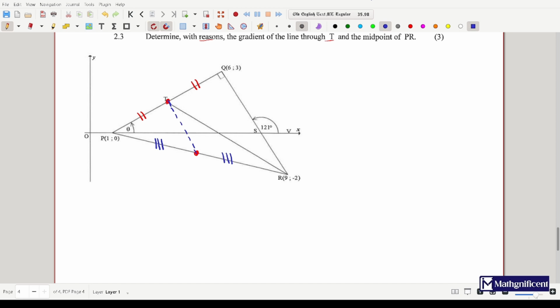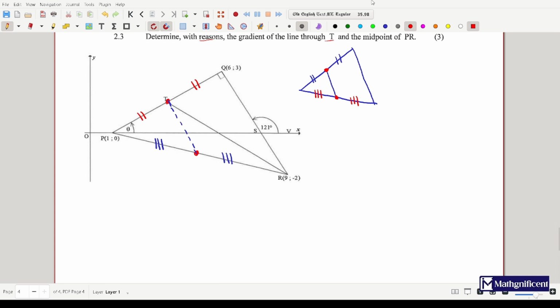If we draw a rough sketch, we have a triangle like this, whereby we have this here, and this here, and this here. So it means that this particular line joins the two midpoints of two sides in a triangle, right? So now what can we say about this?